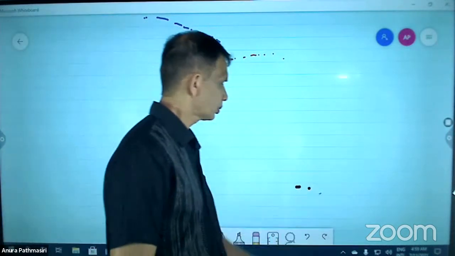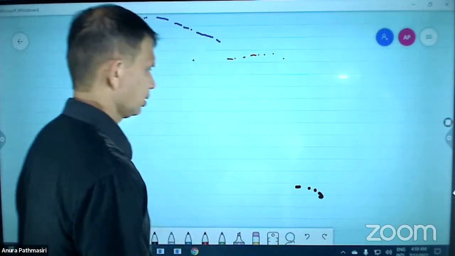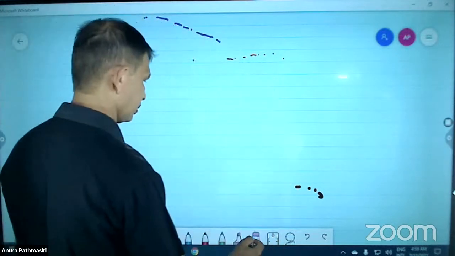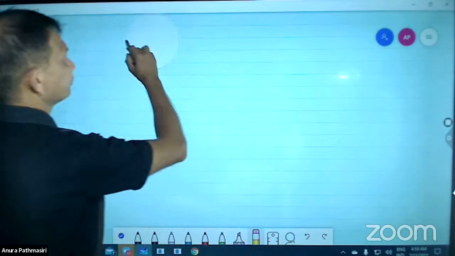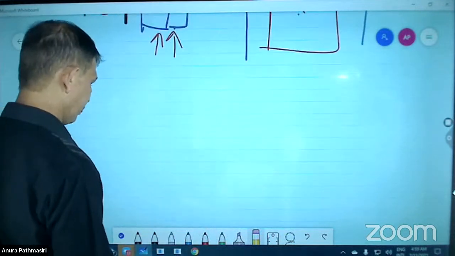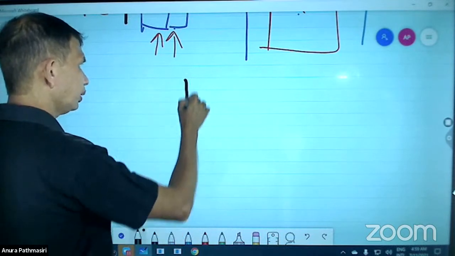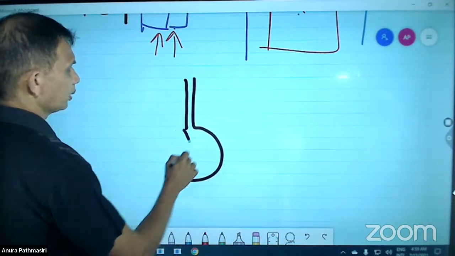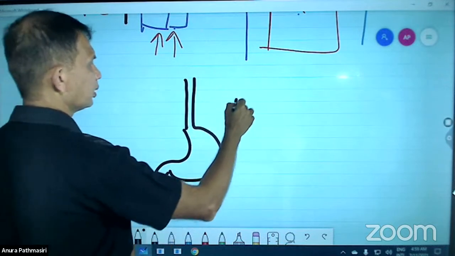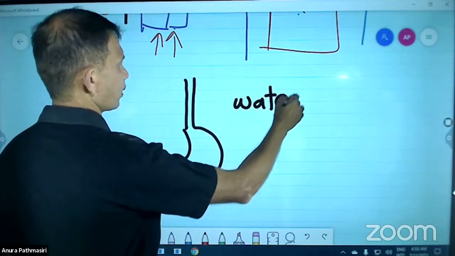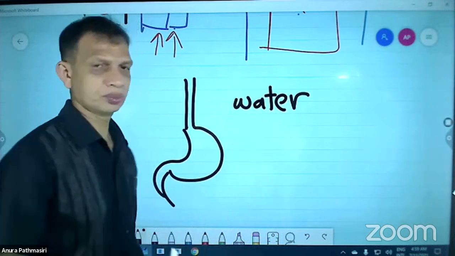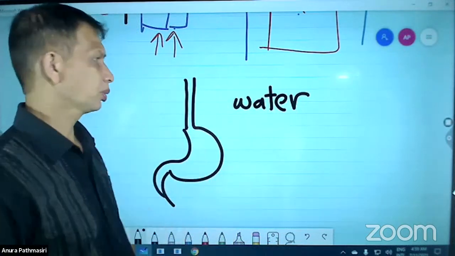From our digestive tract, to absorb these things, water is essential. All these things dissolve in water and then are absorbed into the body.